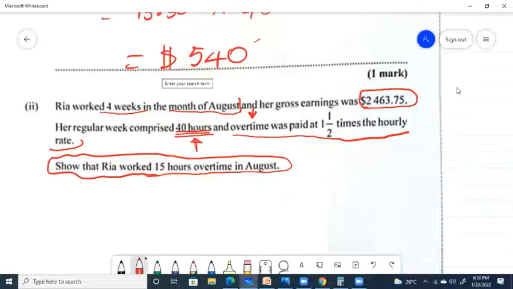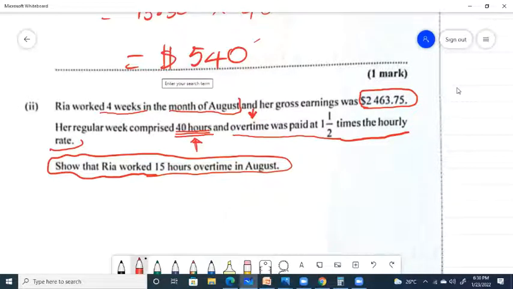So now what we want to do is that there are a lot of things we can do. We can work out some stuff and put it down. If you're going to work out anything as it relates to overtime, you definitely going to need to know the overtime rate that she is paid at, all right? So we can work out all of that.